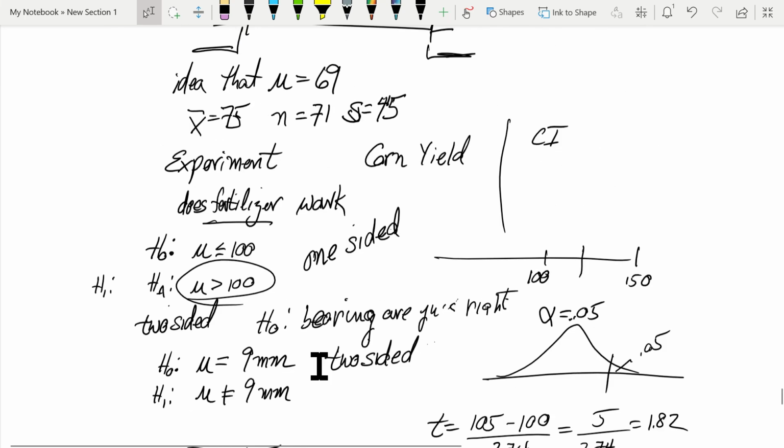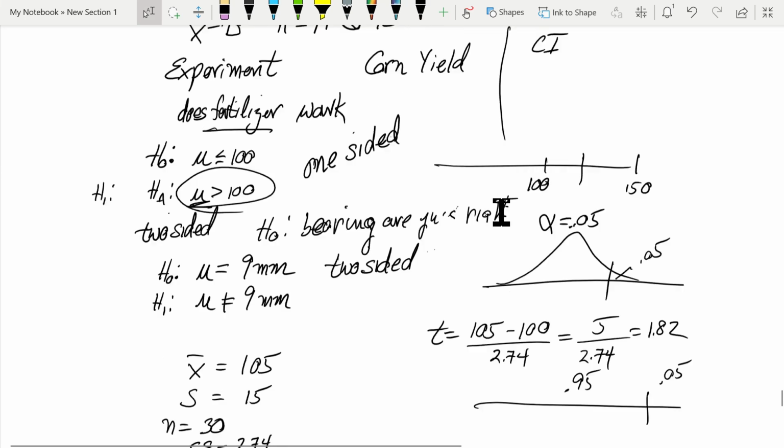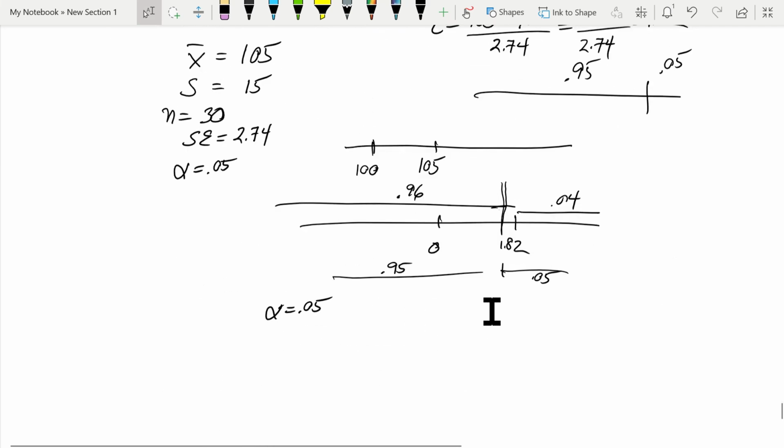The alternative is greater than 100. What is the actual cutoff for 0.05 in the tail? Basically, I have a number here at 0.04. It's within the 0.05 tail. I'm going to reject the null hypothesis and say the fertilizer works.